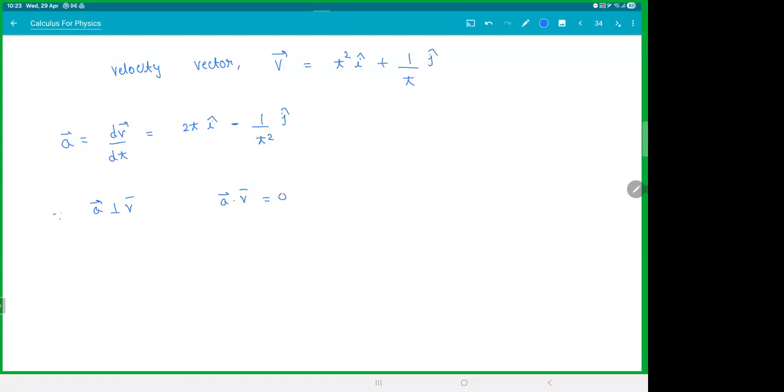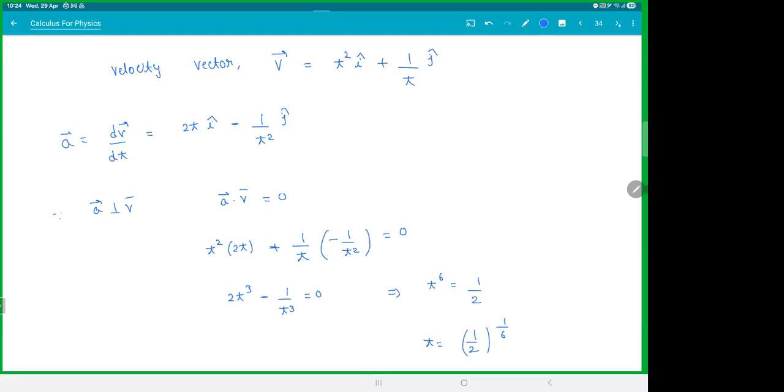Multiply the i coefficients, t square into 2t, and 1 by t into minus 1 by t square. This must be 0. Then you end up with 2t cube minus 1 by t cube equal to 0. This would be t power 6 is equal to half. So the time will be half to the power of 1 by 6.